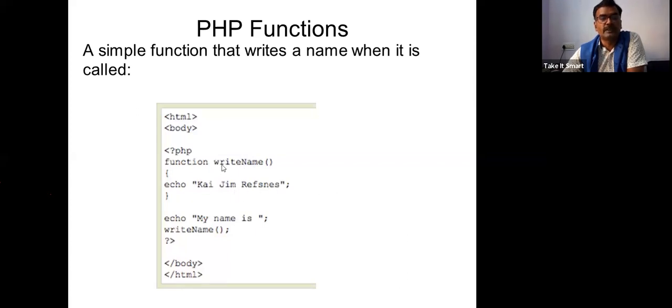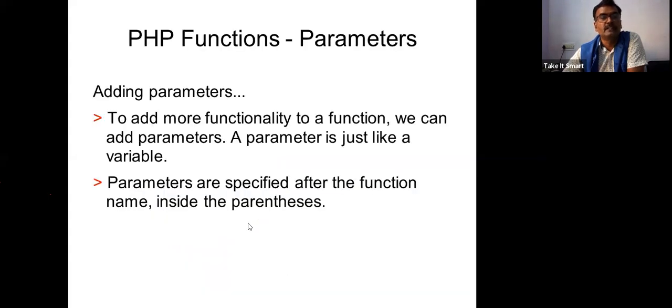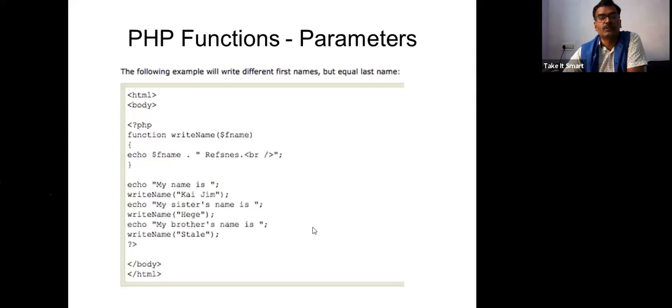This function write name is required to be called. Here, outside this function, we have called this function, and then the output is coming. A function can take different parameters, one or two or three, depending on the requirement. So function write name $fname.